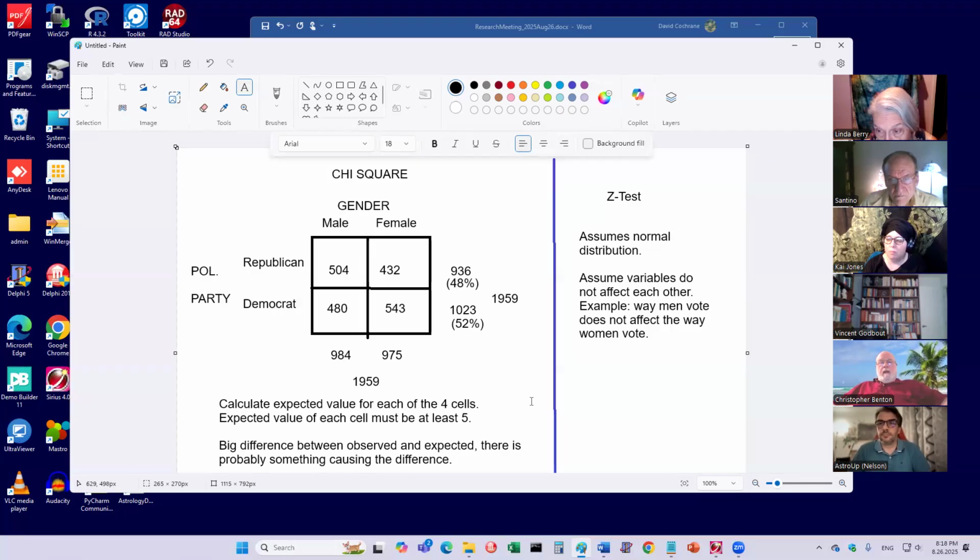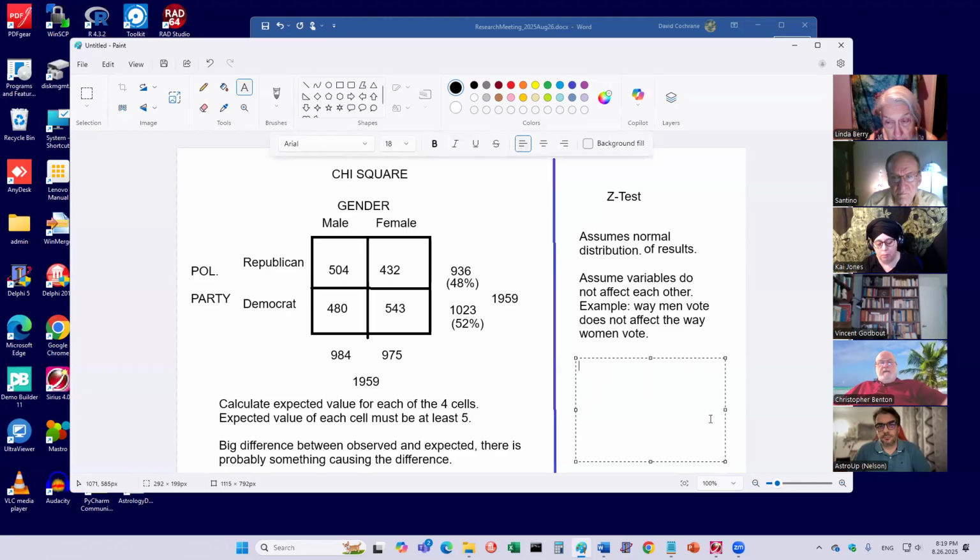But if you have an expected value or a cell count which is too small for a z-test for two proportions, then you can use Fisher's exact test. And Fisher's exact test doesn't really depend on any distributions at all.